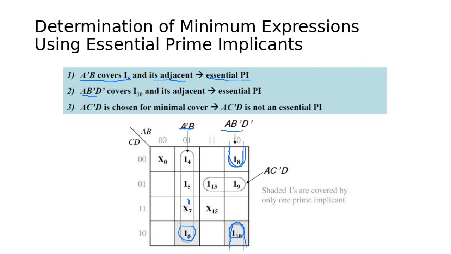This is just not essential, but it is prime implicant. You have to use that, because if you use this one, sorry, if you use this one, there is a 13 and 10.